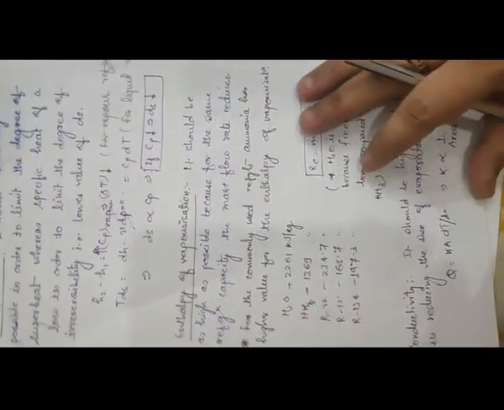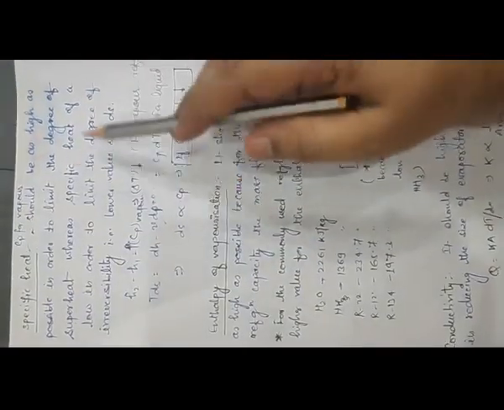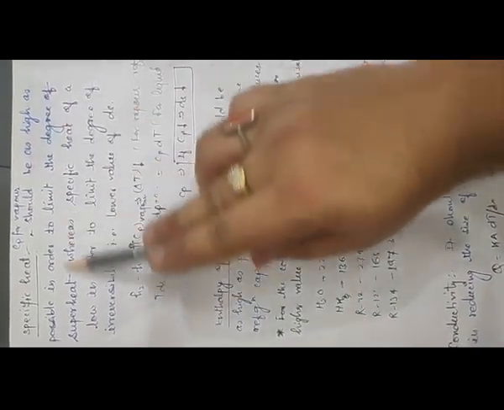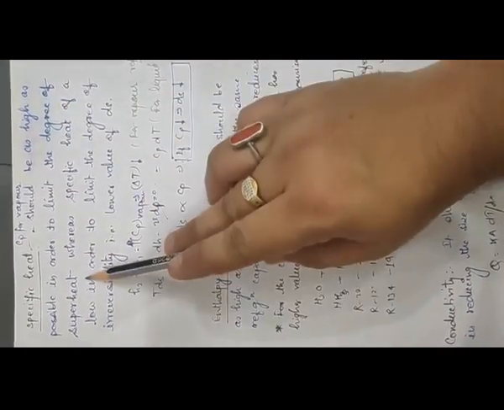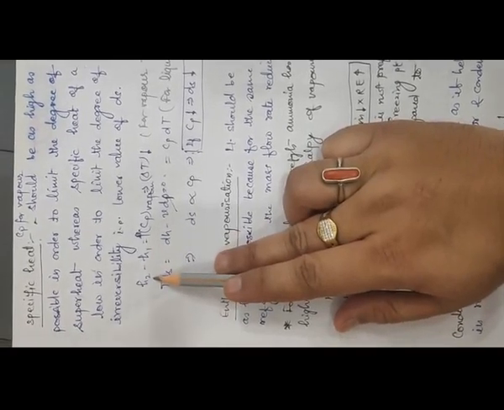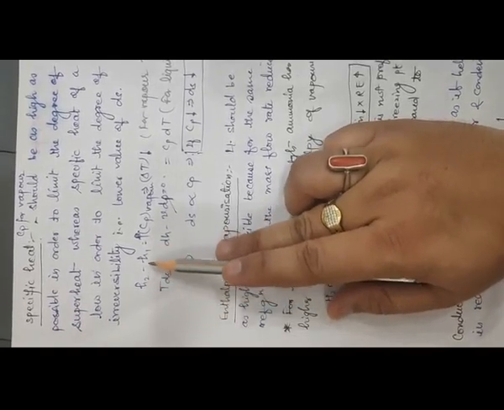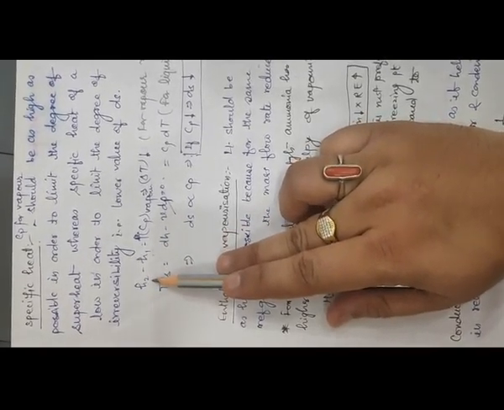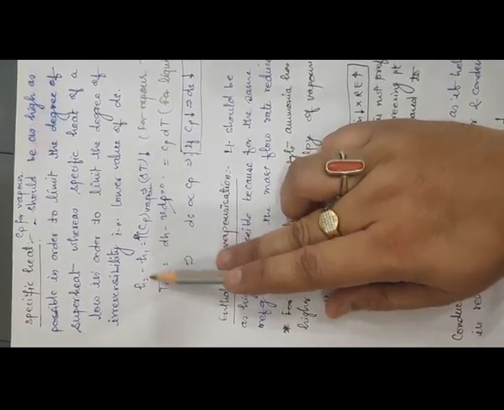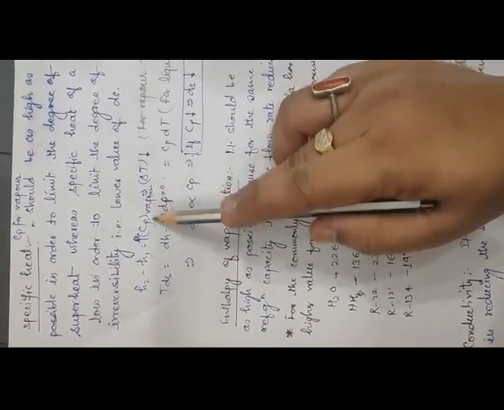We'll discuss another thermodynamic property, that is specific heat. The specific heat of a vapor should be as high as possible in order to limit the degree of superheat. We can understand this: H2 minus H1, the difference of enthalpy at the entry and exit conditions of the compressor, can be written as CPdT.